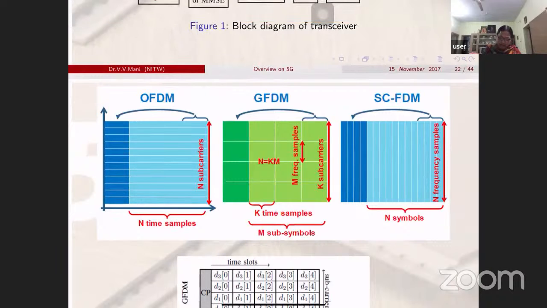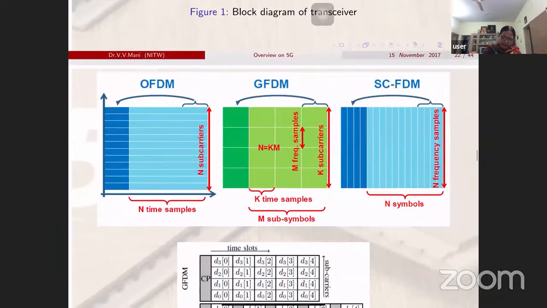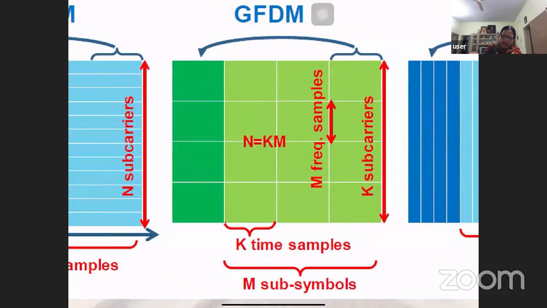So I take K time samples, not N time samples, and there are M subsymbols. These K time samples are located onto K subcarriers. These K subcarriers are given only a green color with one, because it is a subset.